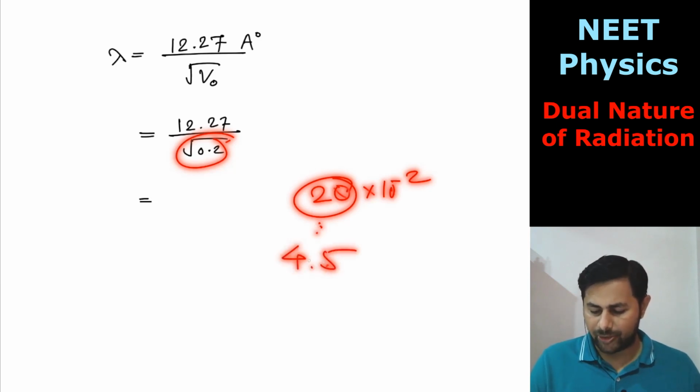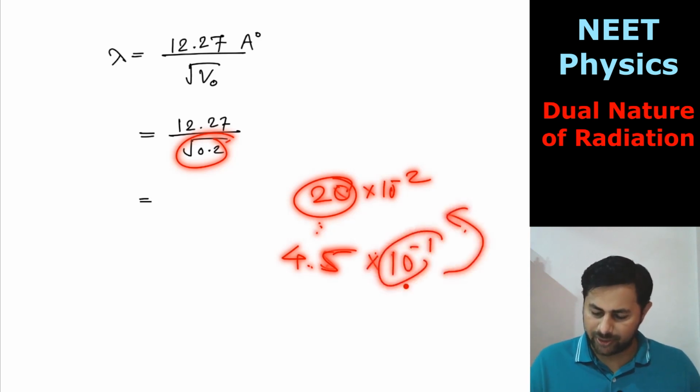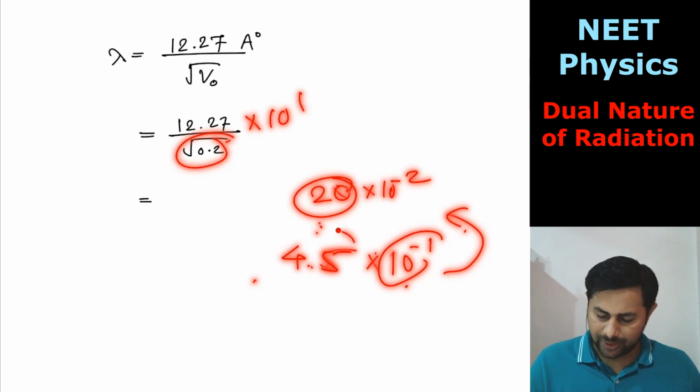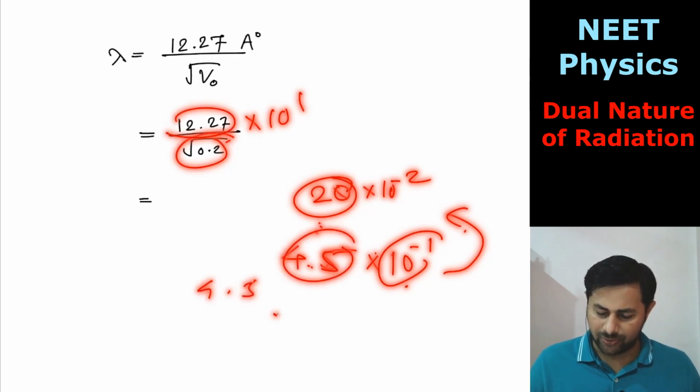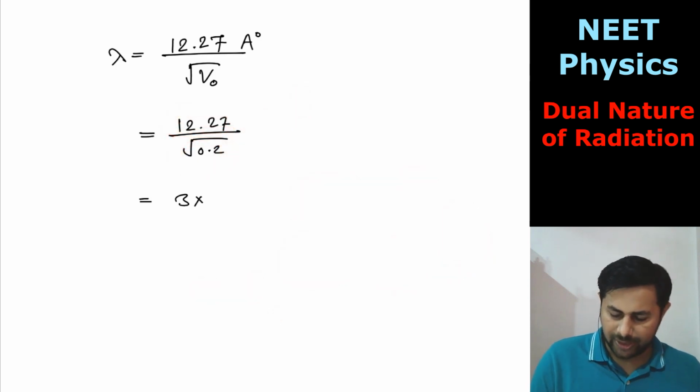Let's take 4.5. 4.5 multiplied by 10 raised to minus 1, take that 10 raised to minus 1 into the numerator, it becomes 10 raised to plus 1. So this divided by 4.5, nearly 3 multiplied by 10 raised to 1 angstrom.